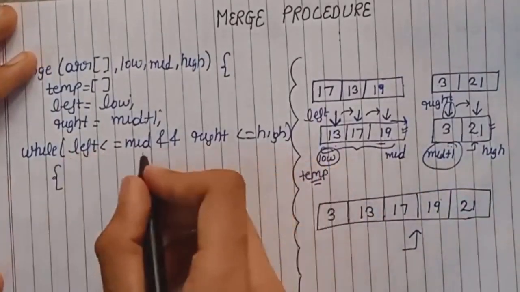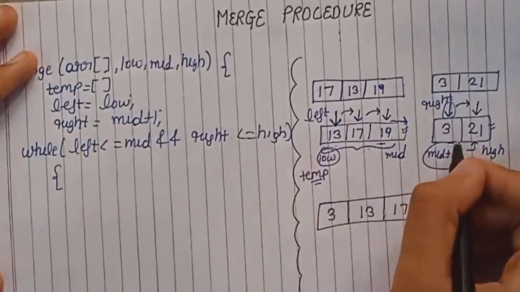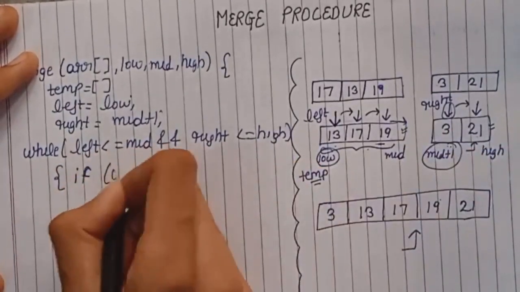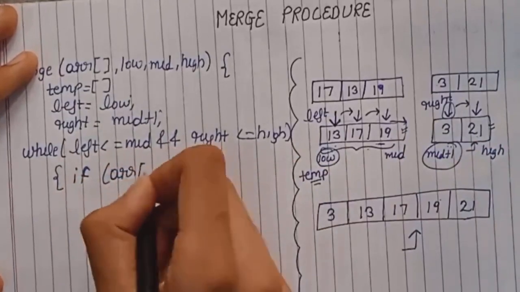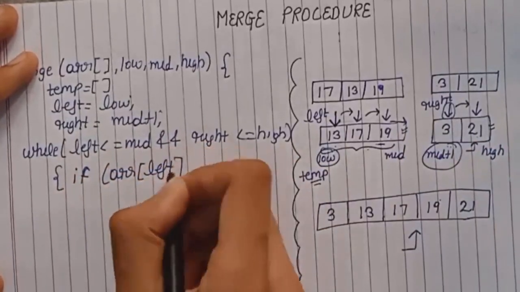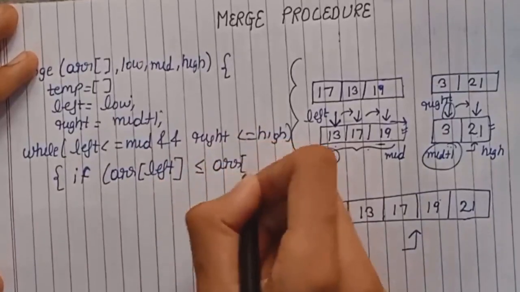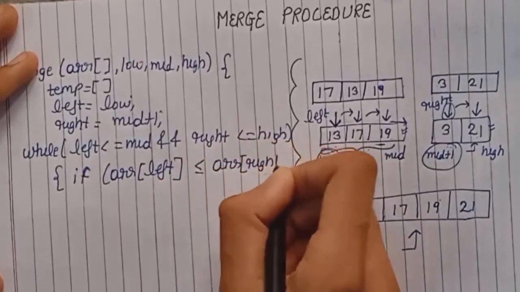So now if these two arrays, that is the left array and right array, have elements, then we will just compare these elements: the element of the left array and the element to which the right pointer is pointing.